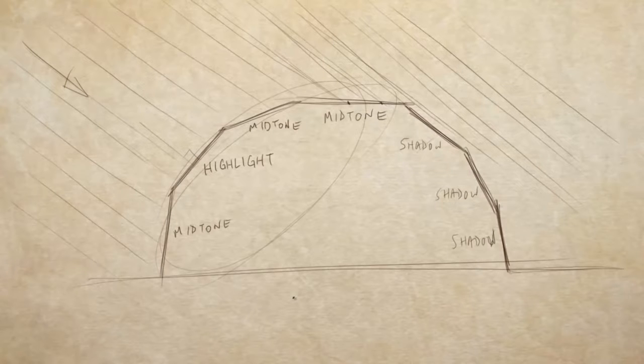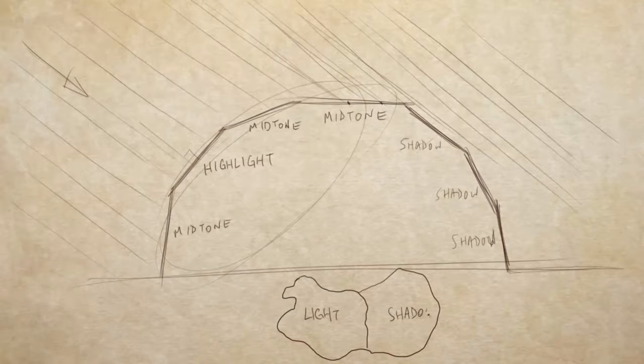And you can think of it as two families, or two countries. So say we had countries, right? And there's these two countries, and this is the country of light, and this is the country of shadow. And they're separated by a border. So where would that border be? Well, in this case, it would be right here.